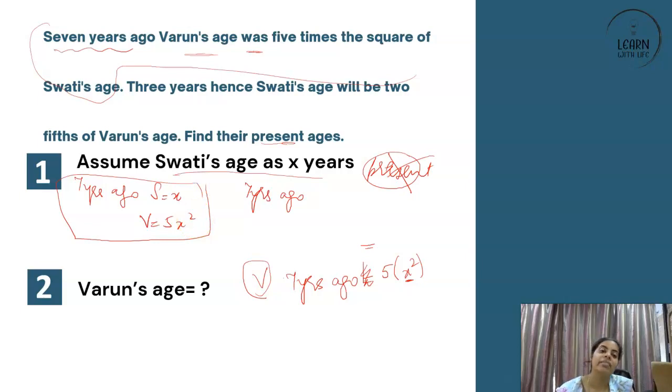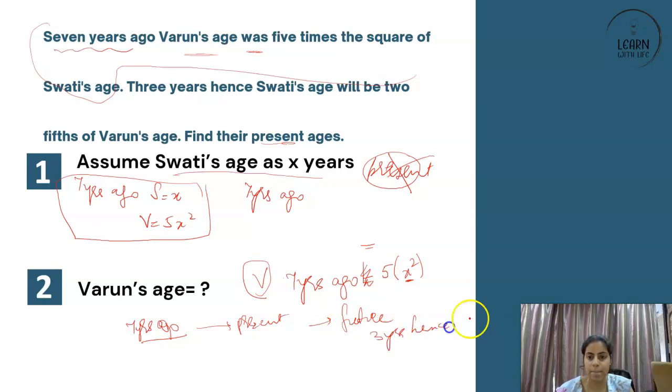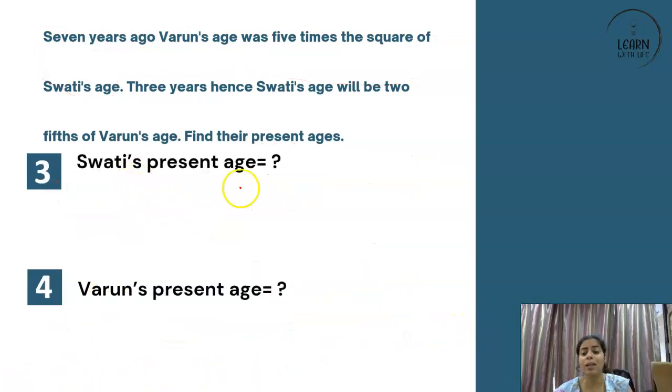Right? And 3 years hence and present age. So see, 7 years ago is past, this is present and this is future. And future is 3 years hence. Right? So now let's see. Swati's present age is what?